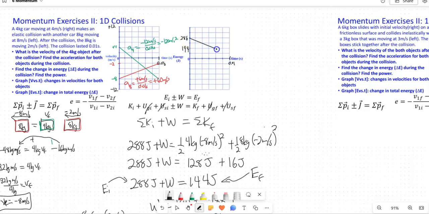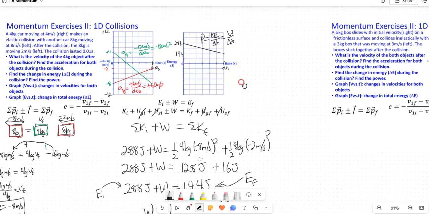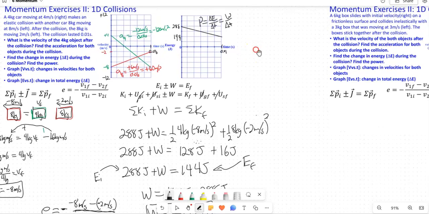So this is going to be dropping by the amount of work. The power is change in energy over change in time. That is work divided by time, which in our case, our work was negative 122.